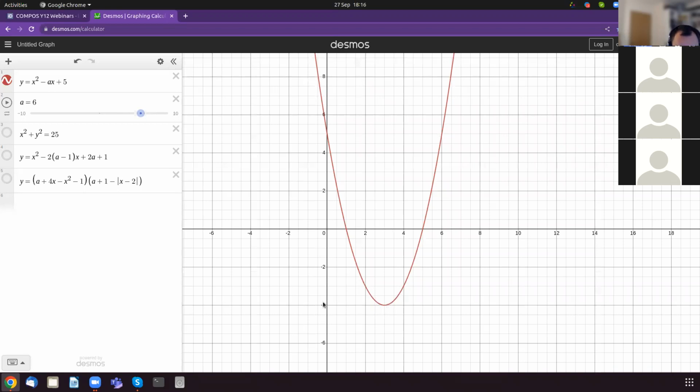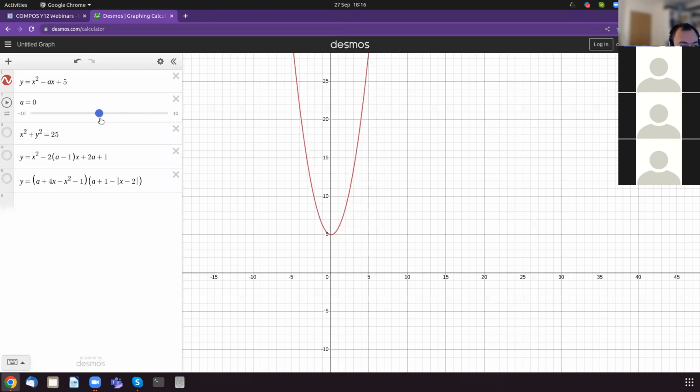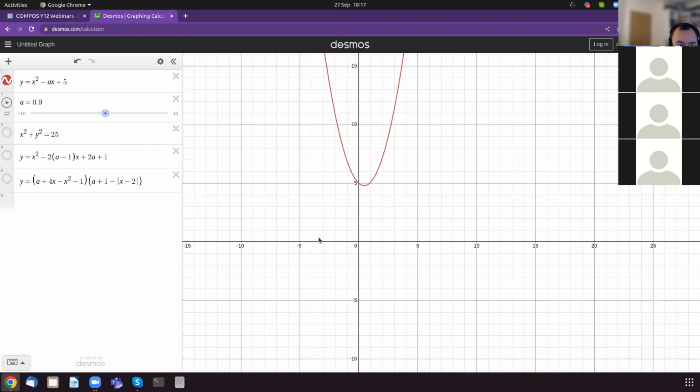Well, that's 3 and that's 4. Oh, it is. And then when it's 0, and when a is -6, that looks very accurate.